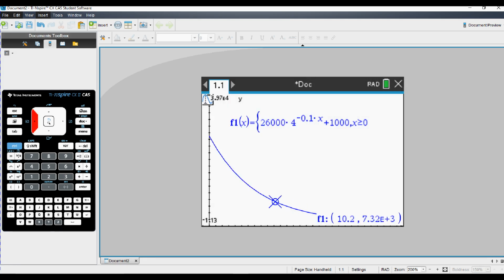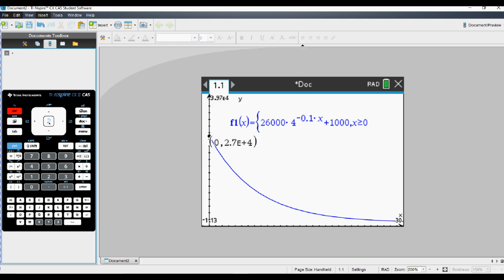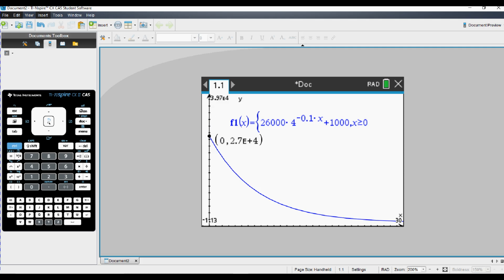You just move the point towards one end of the graph until you hit it. You see that's 0, so right now x is 0. You just press enter. It will show you the point. Then you press escape. Now you're out.